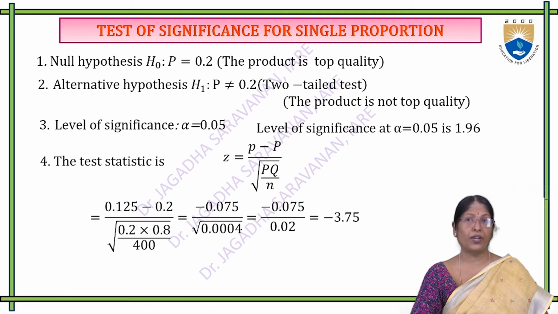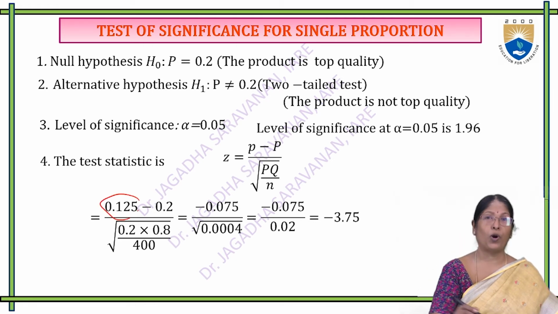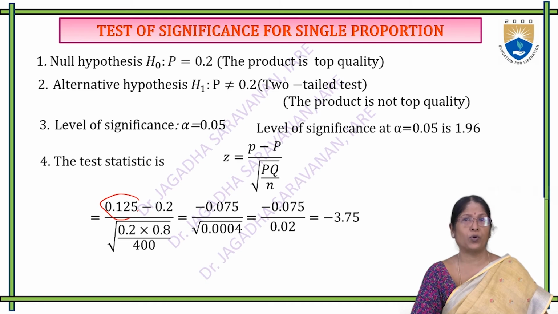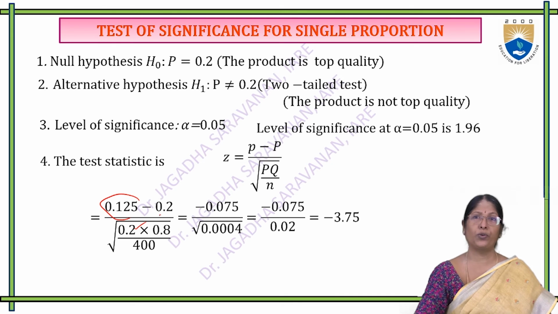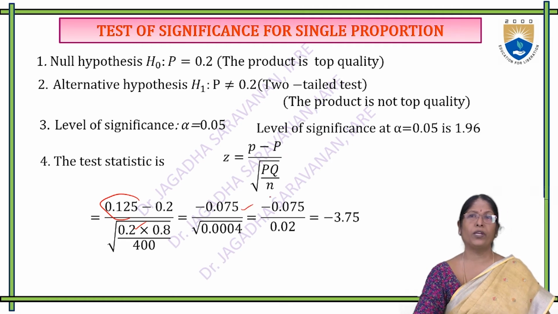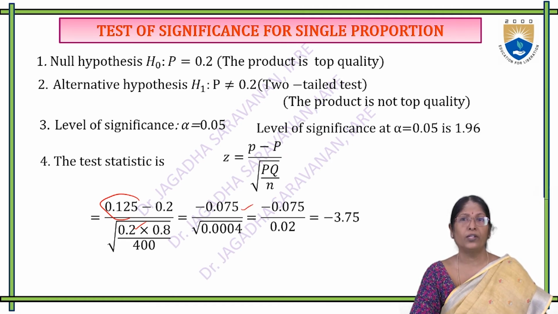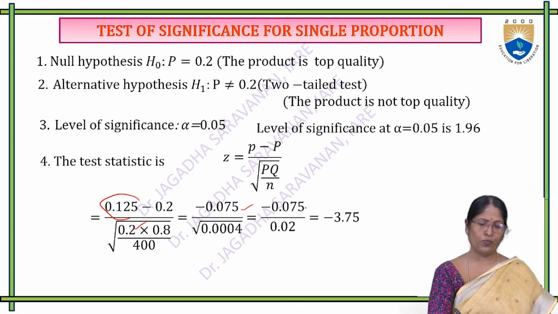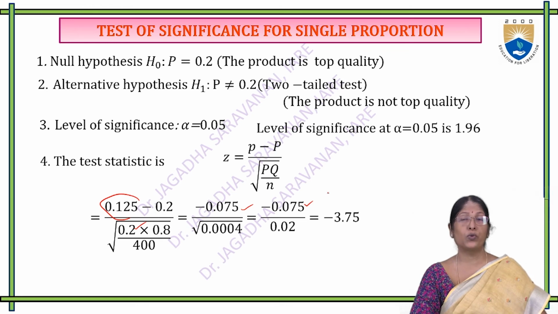Now we have taken the two-tailed test, with small p as 0.125 and capital P as 0.2, divided by the square root of 0.2 times 0.8 divided by n, which is 400. The numerator is minus 0.075, divided by the square root of 0.0004, which is 0.02, giving minus 3.75.